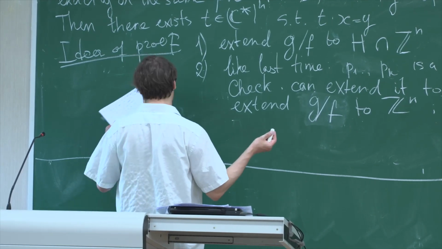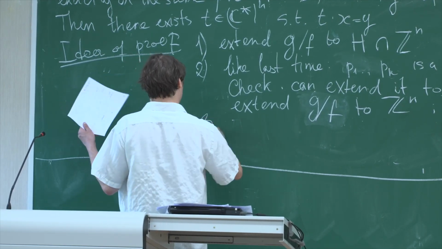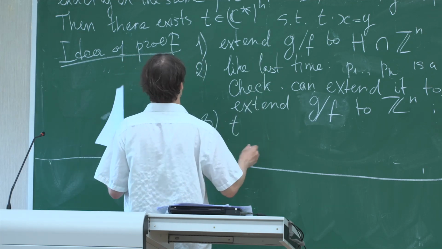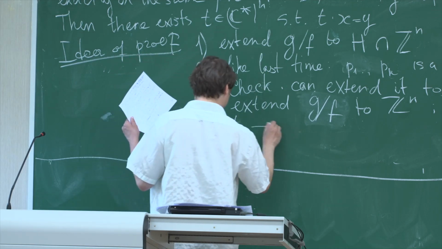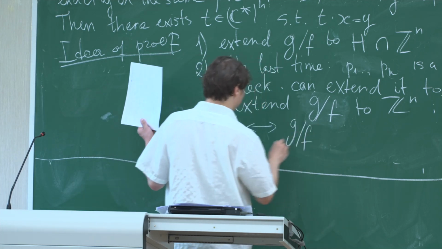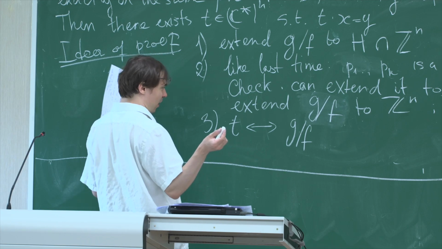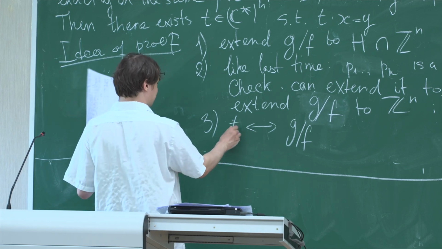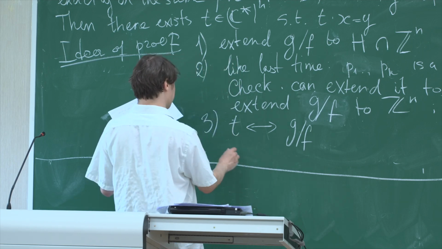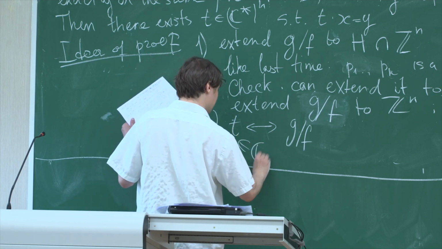So there is no canonical one, but there is something. It exists. It's maybe not unique. It's not canonical, but this function g over f is defined on the whole lattice, so it defines a point in the torus. And we denote this point in the torus by t.